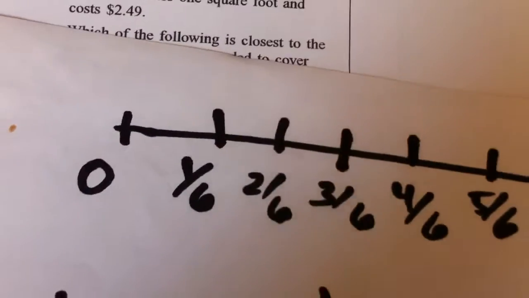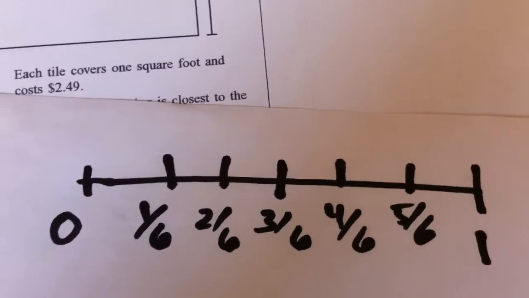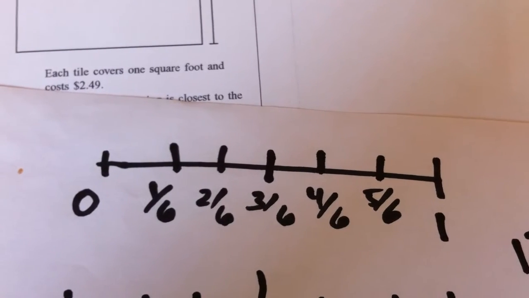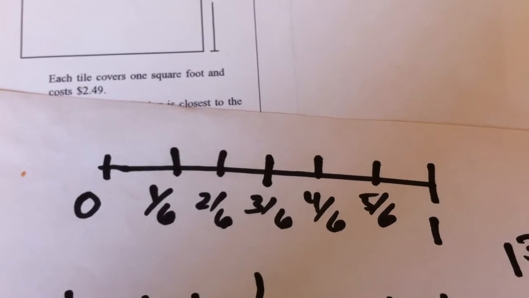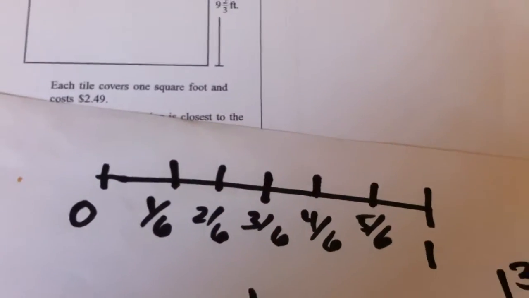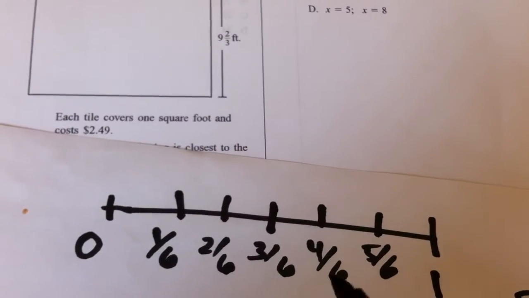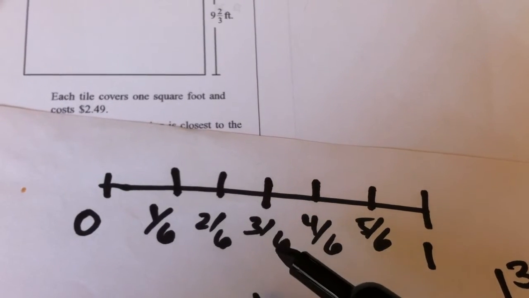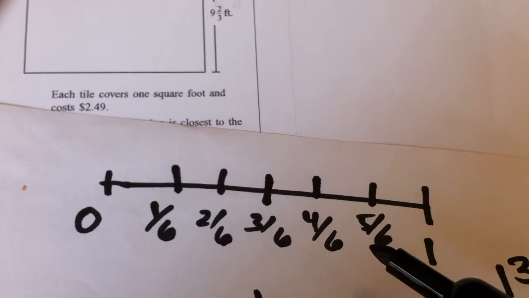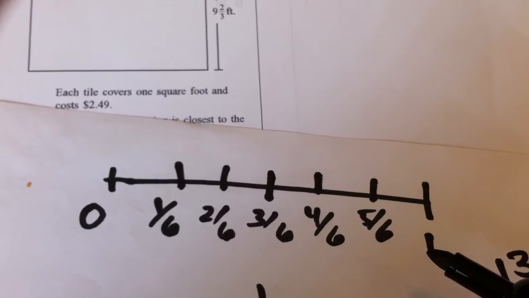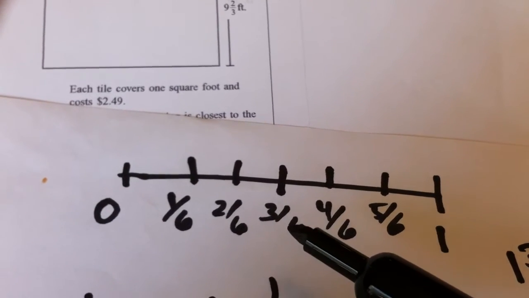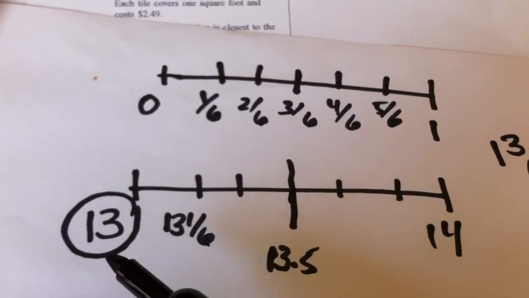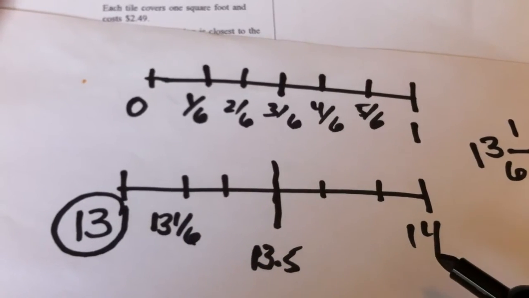If you have a number line that goes from 0 to 1 and you divide the number line into 6 equal pieces, each piece is a 1/6 of the line. So the first point is a 1/6. If you come to this point, it's 2/6, 3/6, 4/6, 5/6, 1. 6 over 6 is just 1. 3 over 6 is the midpoint of your line, right? Here we are going from 13 to 14.